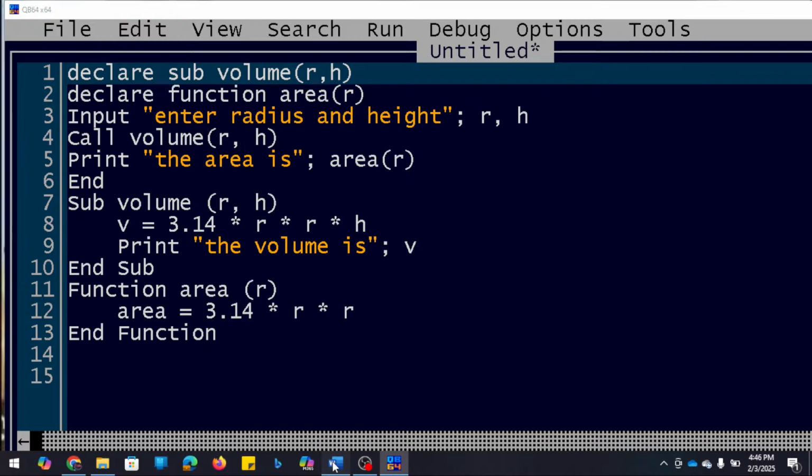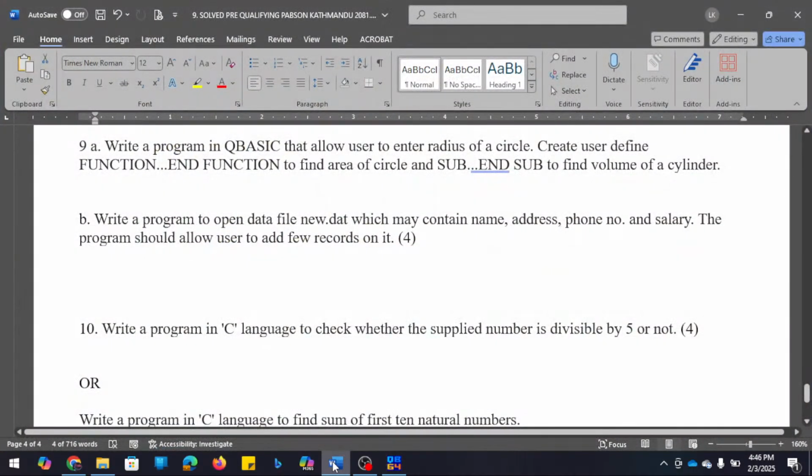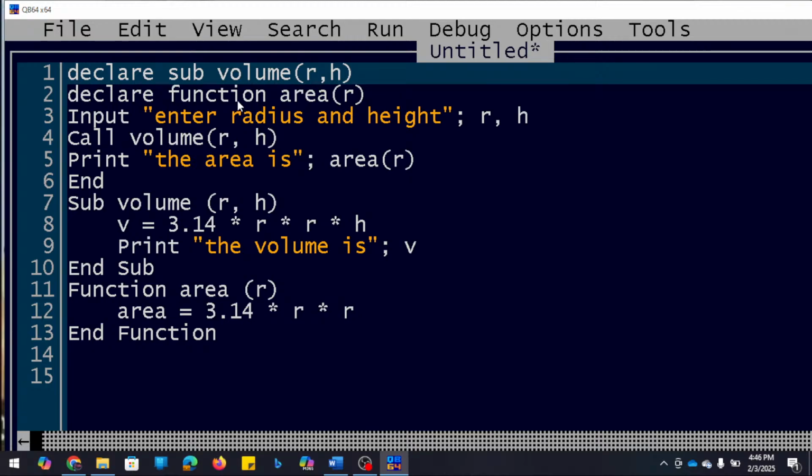Next is the volume of cylinder, using a sub procedure. What we are doing there is passing two arguments, r and h. So it is pi r square h, 3.14 r into h. The r and h values are supplied from the main module using the input. So that's all. Let's save it.